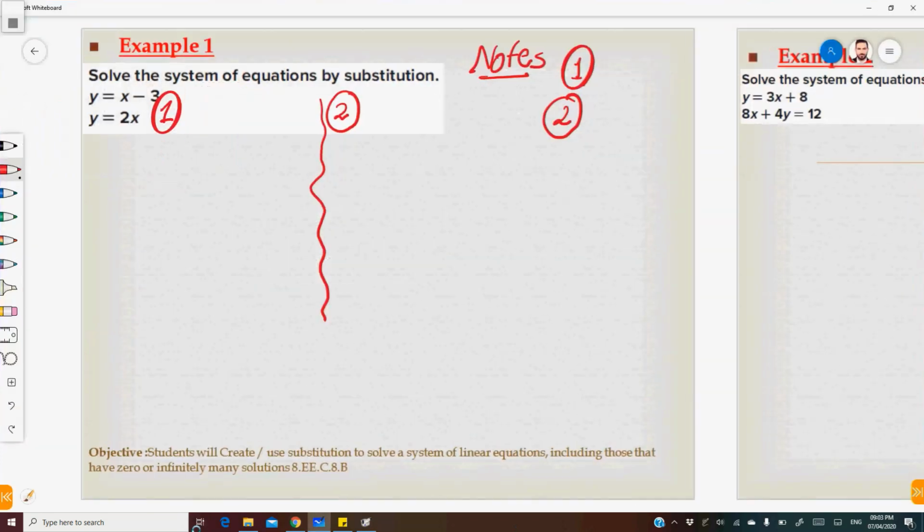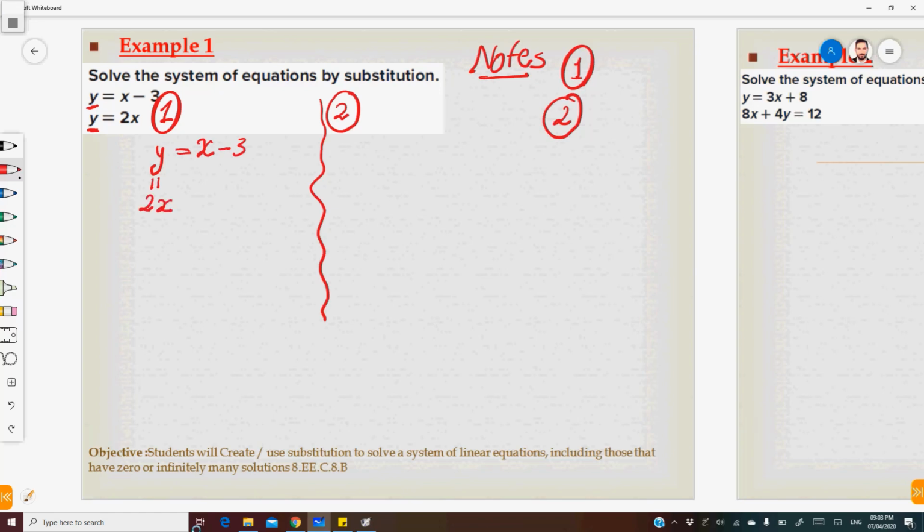Let me explain how you can get the value of x first. If you have the equations y equals x minus 3 and the same y is also equal to 2x. Let me write it for you: y equals x minus 3 and y equals 2x.